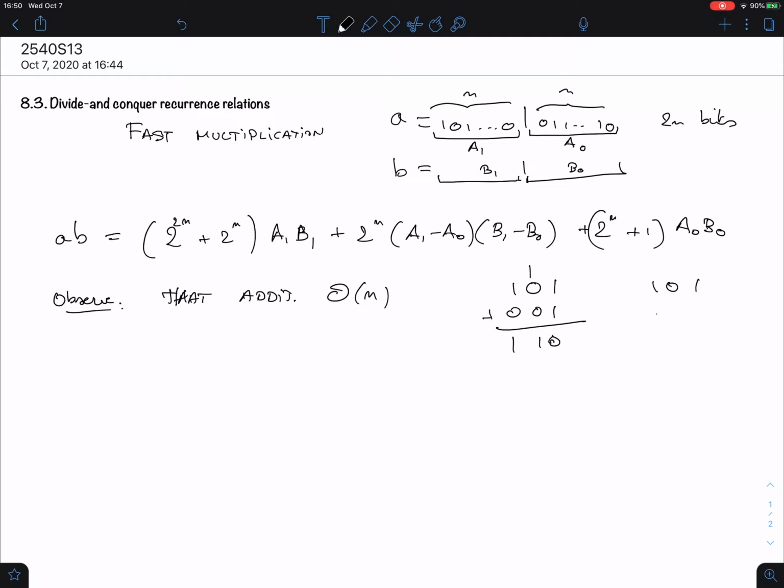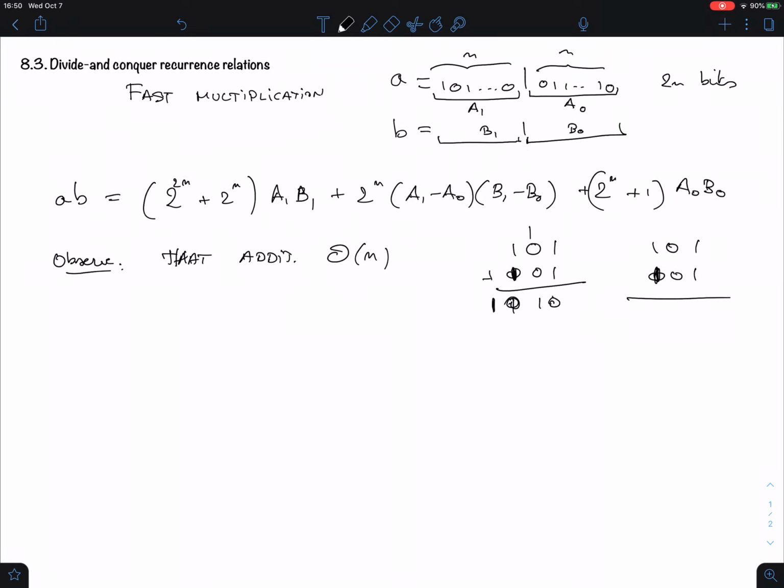If we multiply, that number I took was a bit silly, so let me take the same number twice. Now we have to do this bit times the top number, then this bit times the top number.